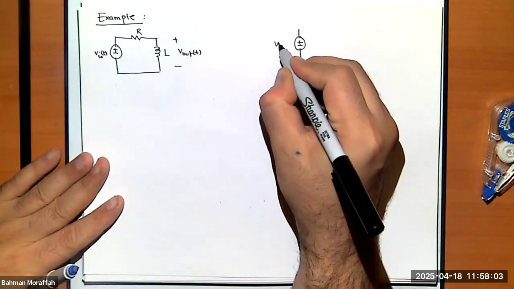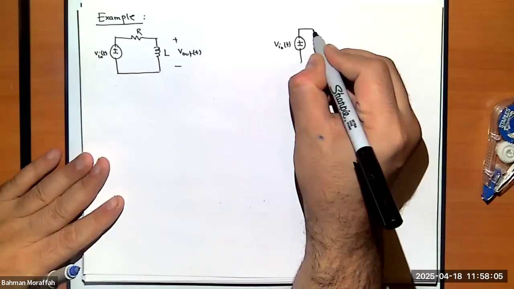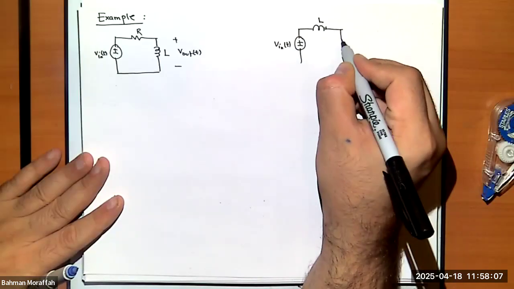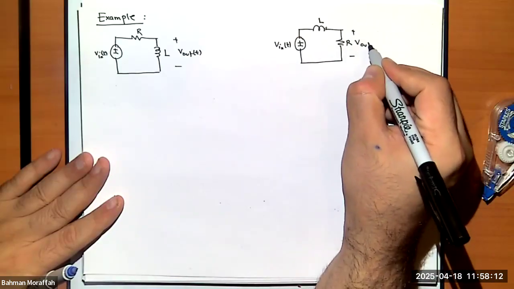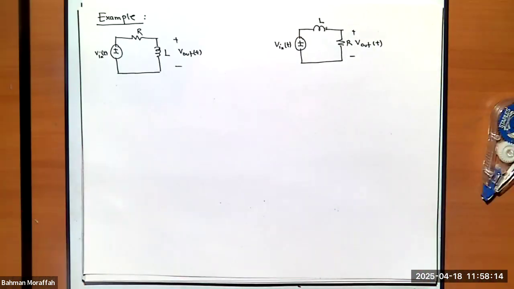And I have another circuit, this time the voltage across this is V out. And the question is asking me to determine what type of filter each circuit is representing.